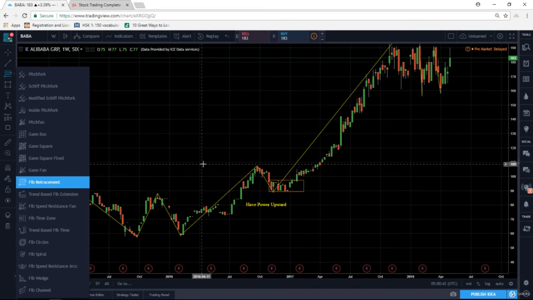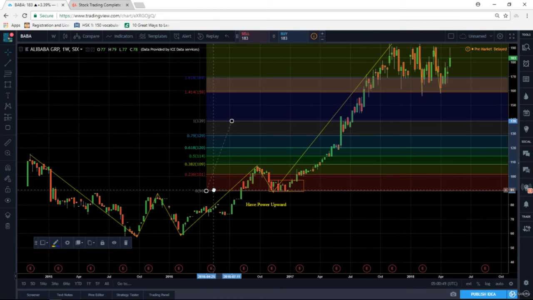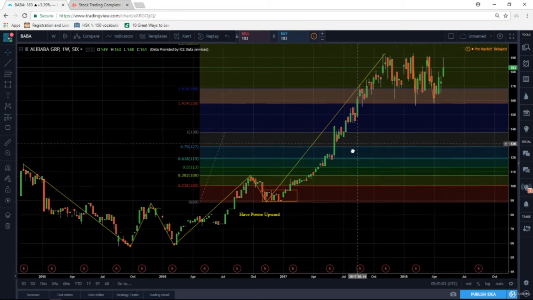If you are getting into the trade, you might want to see where the Fibonacci target is, and it is 0.618 here. After it hit its Fibonacci target of 0.618, it looks like it rallied crazily upward.